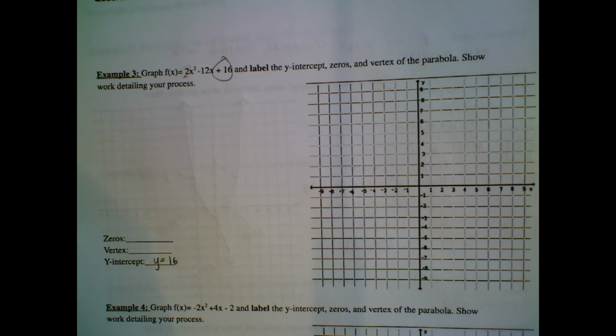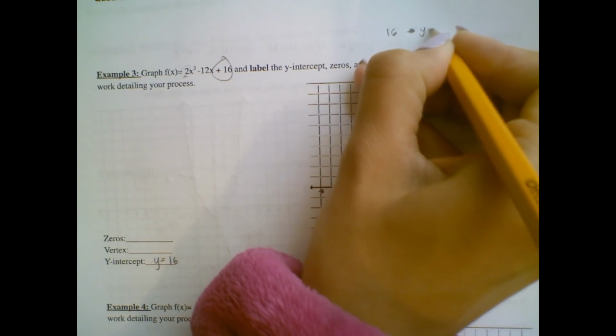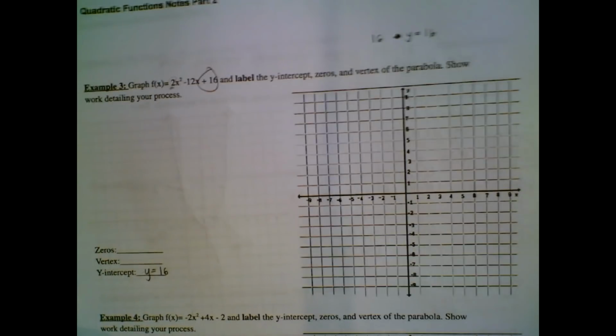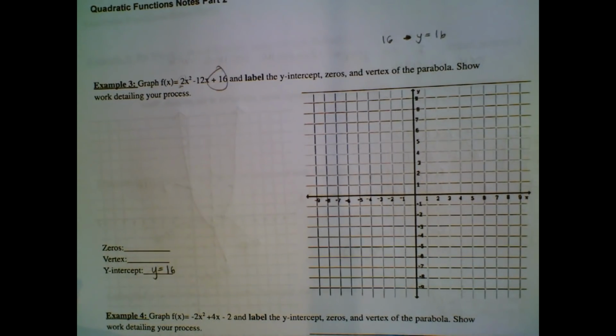But right now, we got to do what we got to do. So I'm going to imagine that y equals 16 is right here. All right, there's my y-intercept. That's all I did. I just said, okay, 16's here, and that's my y-intercept. And again, that's because our graph, you can't see it all.